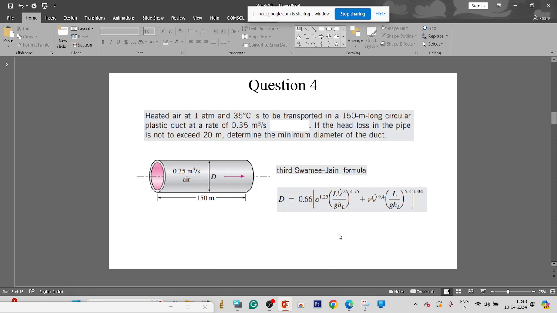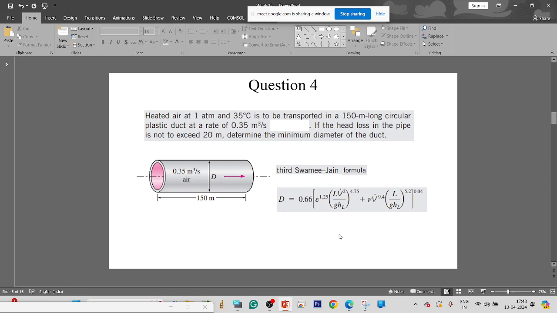Heated air at 1 atmospheric pressure and 35 degrees Celsius is to be transported in a 150-meter long circular plastic duct at a rate of 0.35 meter cube per second. If the head loss in the pipe is not to exceed 20 meters, determine the minimum diameter of the duct.